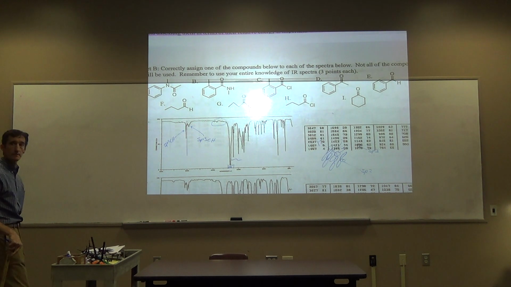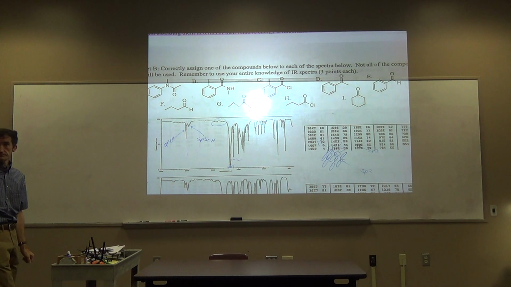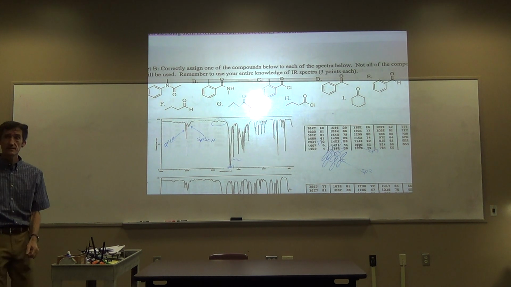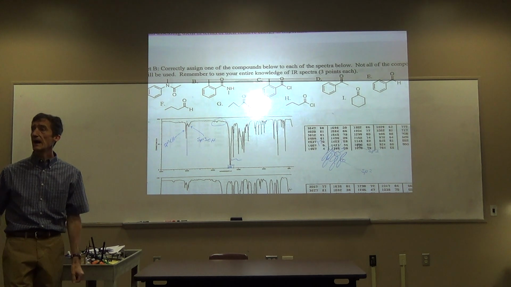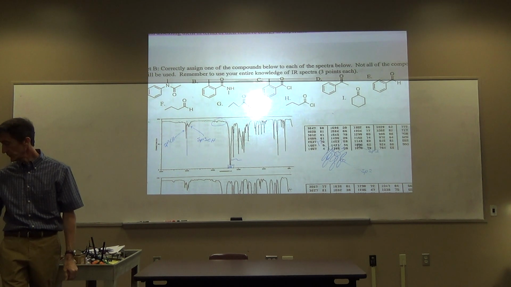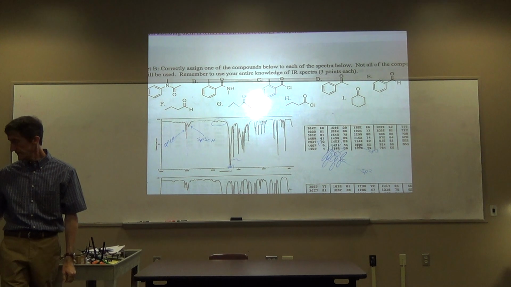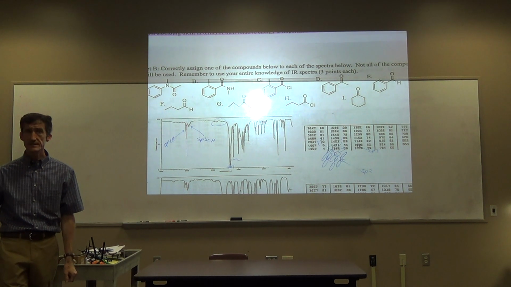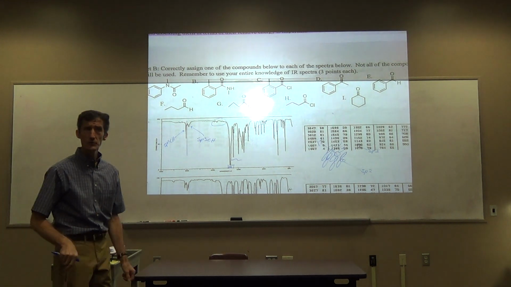Oh, you said double bonds are at 1500, right? Look, you've got the IR table in the handout. Look near the bottom. It says alkene or C=C double bond. Doesn't it say arene or aryl?